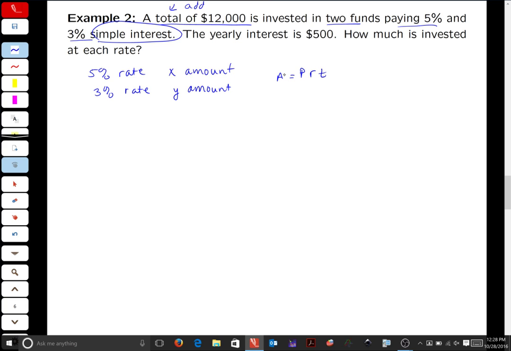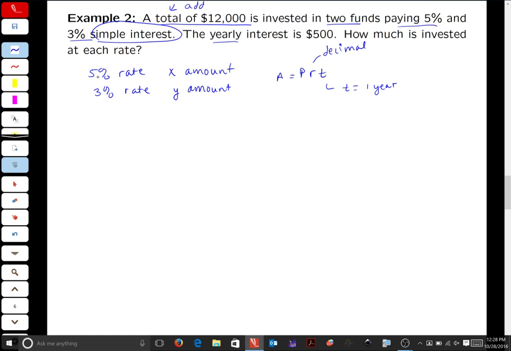Principal times rate times time. So what we have to do is convert the rate into a decimal amount. And here our time t, it said yearly interest, so it's 1 year. So now we have all of our information.